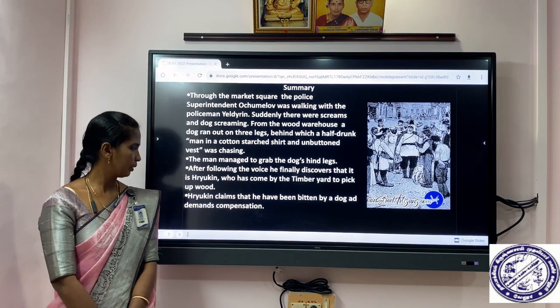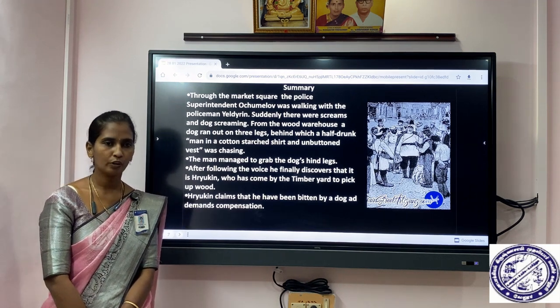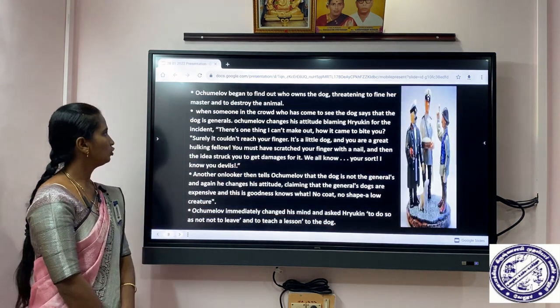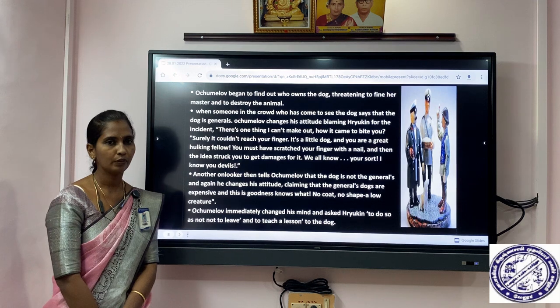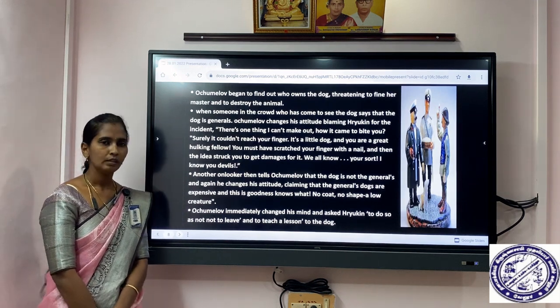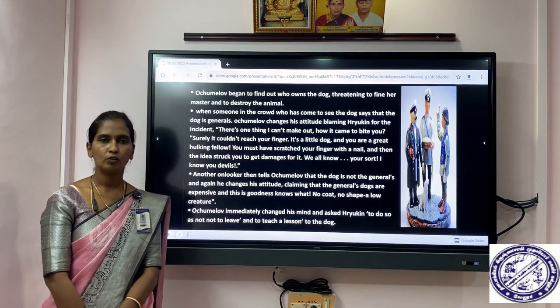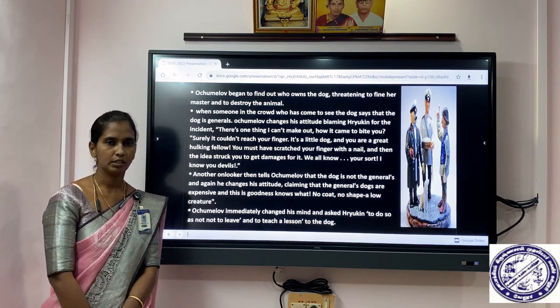Ochmiller begins to find out who the owner of the dog is, and he also plans to destroy the animal. While they were discussing this incident, someone from the crowd said that the dog belonged to a general.